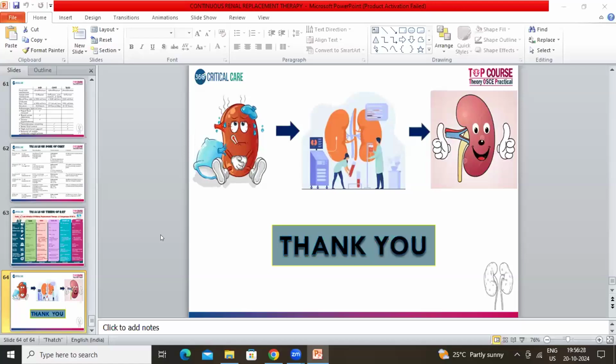Basically, the best way to remove solutes is hemodialysis. I think sir has explained it in detail: what is solute, how to remove solute, what is solvent drag. If you want to remove a lot of water, that is the solvent, then convection is a better method of removing.